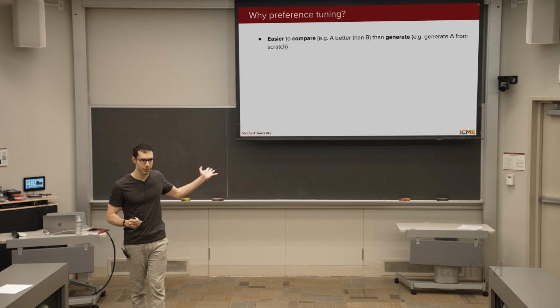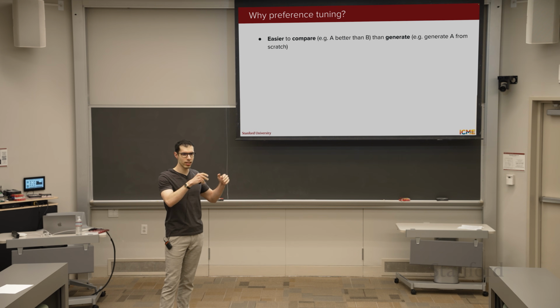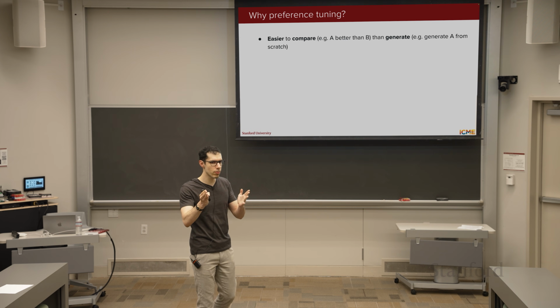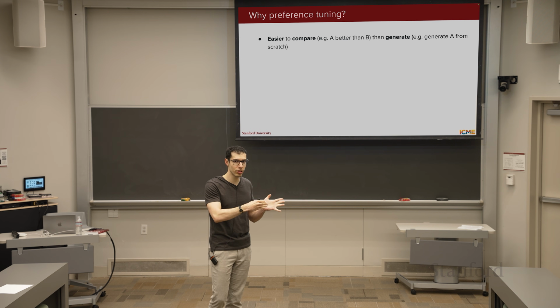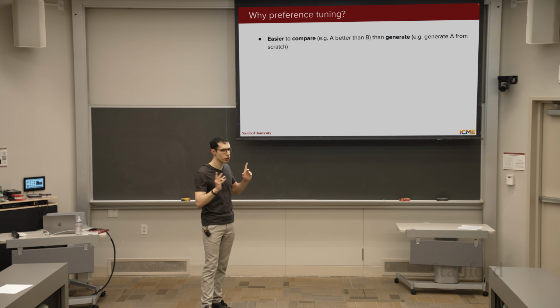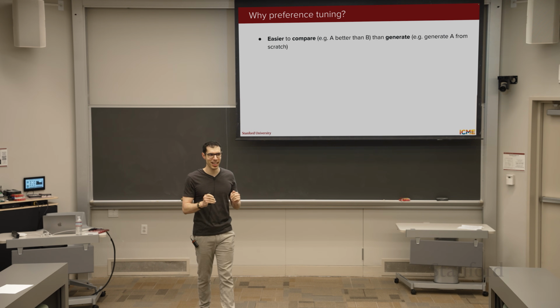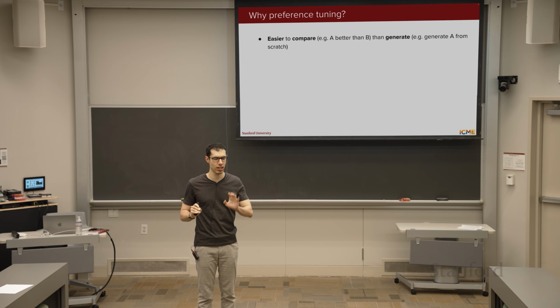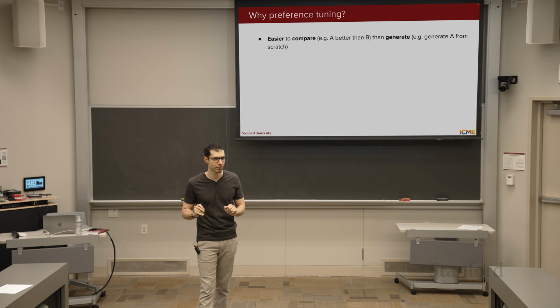And in this case, what we're doing is not really teaching the model exactly what it should generate, but rather telling the model what kind of output it should prefer. So we're less in the "please generate that kind of thing" mode, and more in the "I prefer this option" kind of thing.